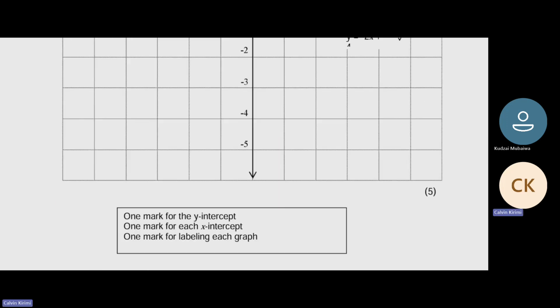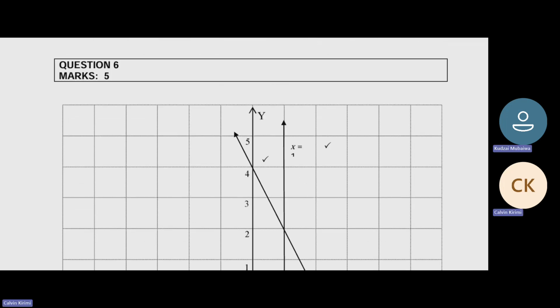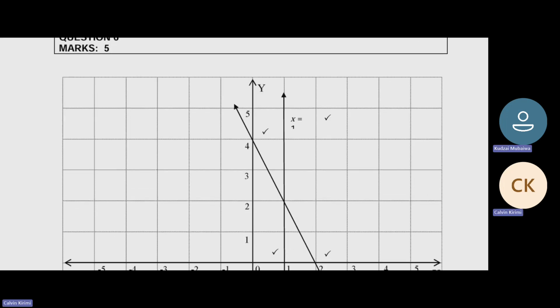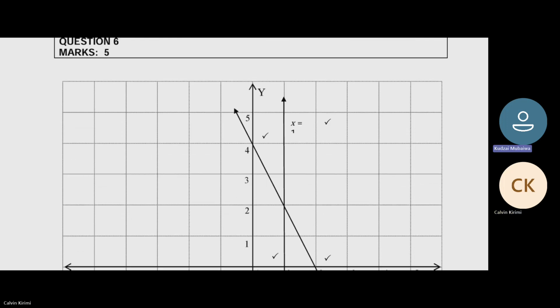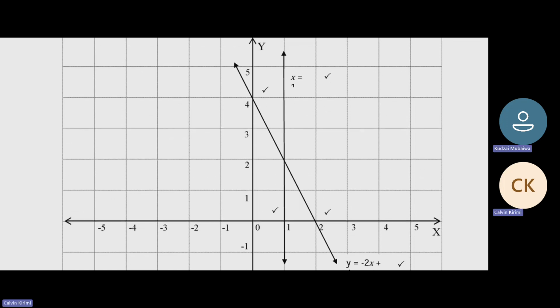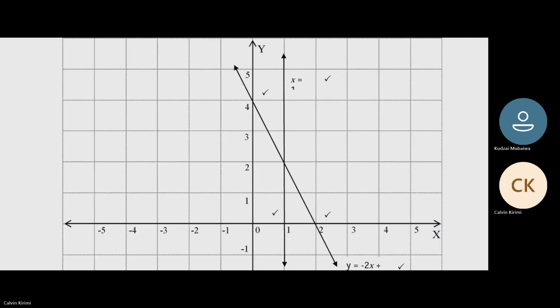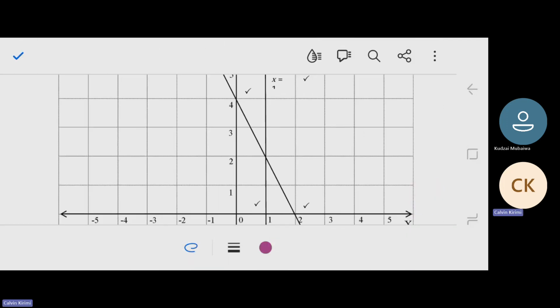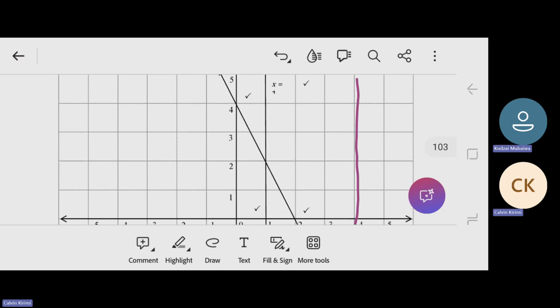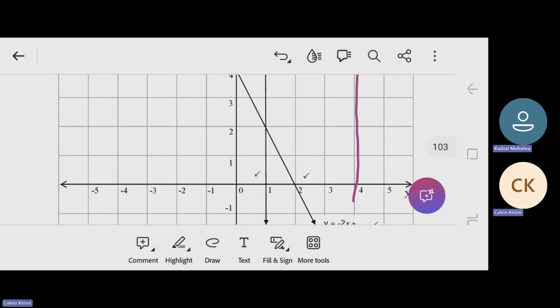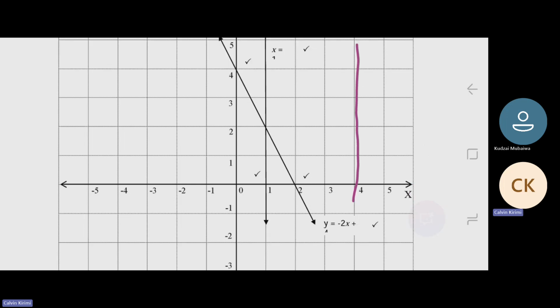So you can see this is the graph. Ours, we said it's cutting at x is equals to 4. At x equals to 4, the graph will come and cut through here. But if they say x equals to 1, can you see where it's moving? So you must check what they said.